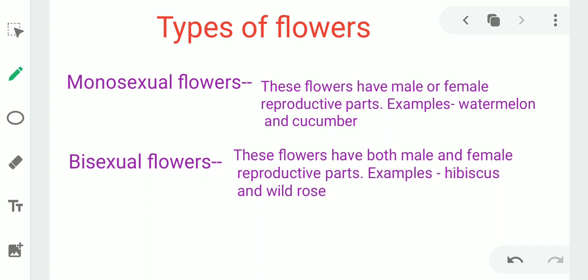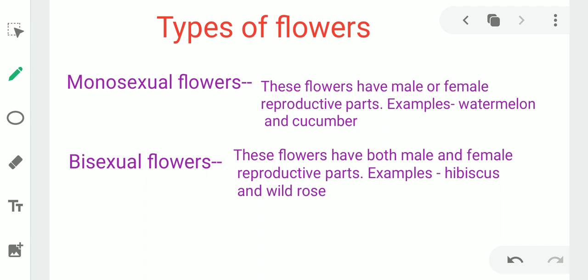Second type is bisexual flowers. These flowers have both male and female reproductive parts. This means one flower has both the parts. Male part, androecium is present, and female part, gynoecium is present.